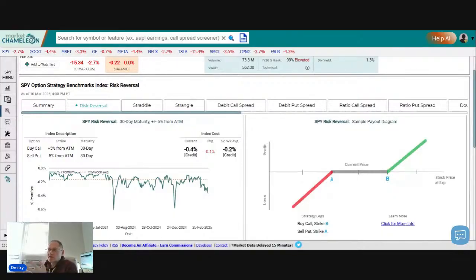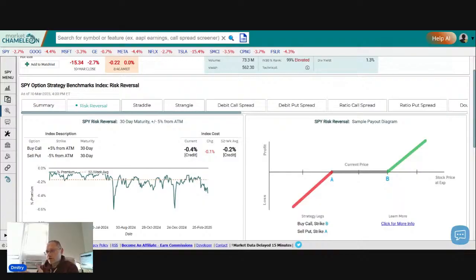Not only the cost of the strategy, but it's going to give us an idea of the skew, the relative premium markets are pricing a downside put relative to an upside call that's the equal distance away from the spot price, from the at the money. And that could also give us some kind of insights.